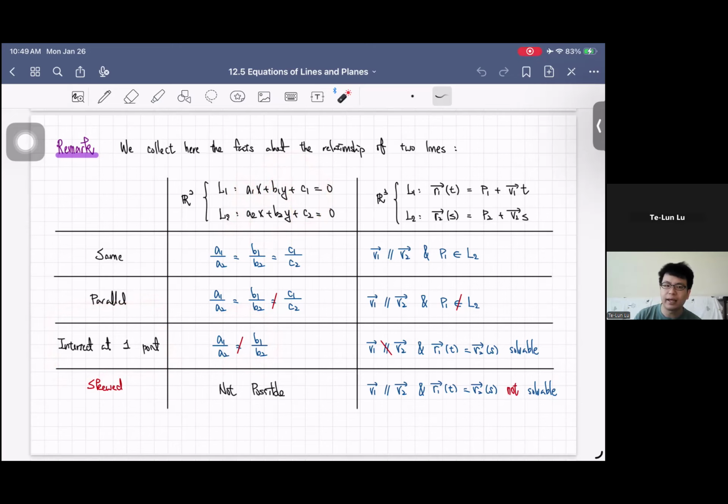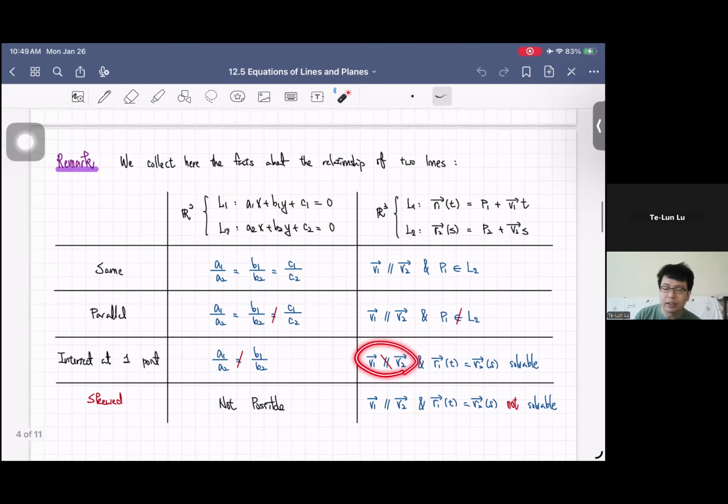However, this is not the case for three-dimensional lines. So in a two-dimensional line, the simple condition of V1 not parallel to V2 does not ensure that these two lines intersect. We will see this afterwards, but basically that's because whenever you are solving this equals to this, you actually have three equations, right?